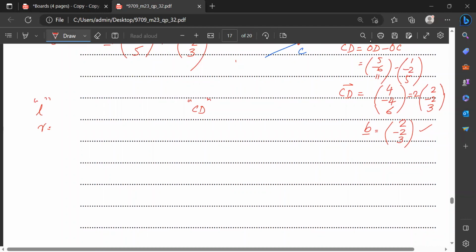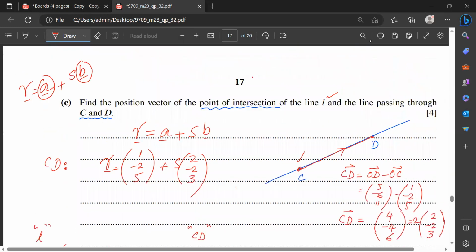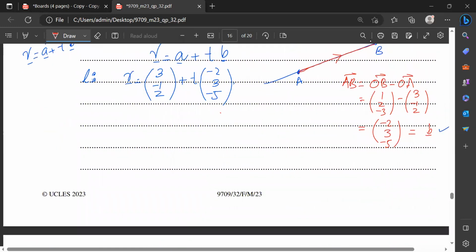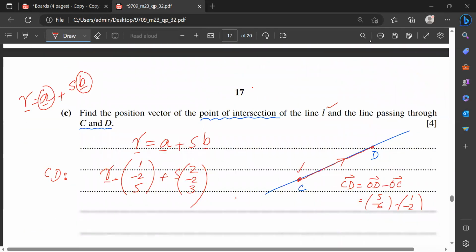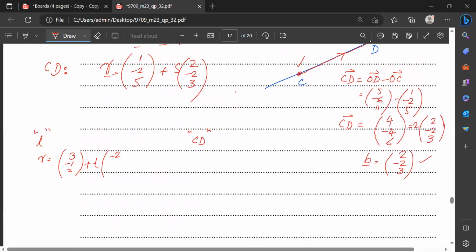Line L is 3, minus 1 and 2 plus t into minus 2, 3 and minus 5, and line CD is 1, minus 2, 5 plus a different parameter s into 2, minus 2 and 3.